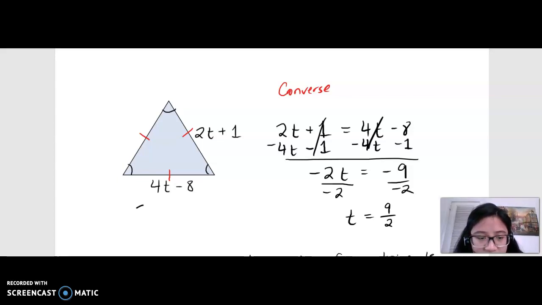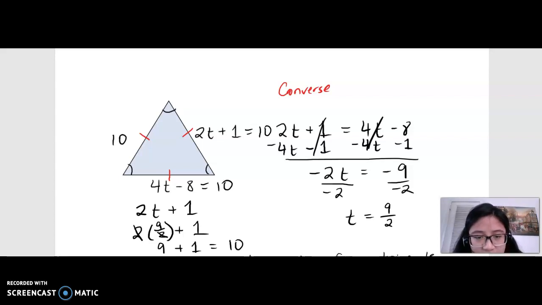Let's say we decide to plug it into 2t plus 1. If I put 9 over 2 for t, notice how these two cross out. You're just left with 9 plus 1, and that equals 10. So all of these sides all together, their measurement should be 10.